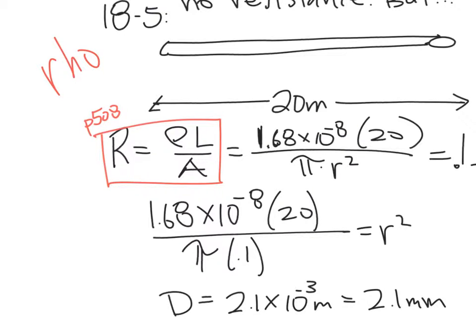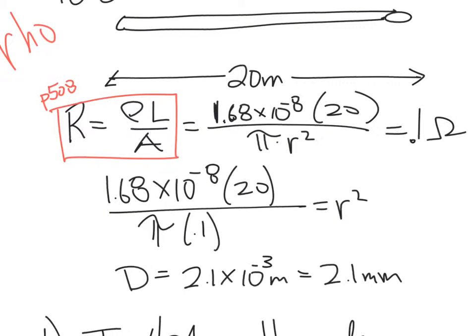The units are whatever they have to be so that we get ohms over here, and this is meters, and this is meters squared. The length of the wire is 20, and the area is pi r squared. We're actually looking for diameter, but we'll do that as the last step. And we know that the resistance has to be 0.1 ohms or less.